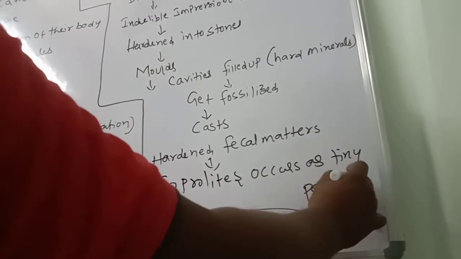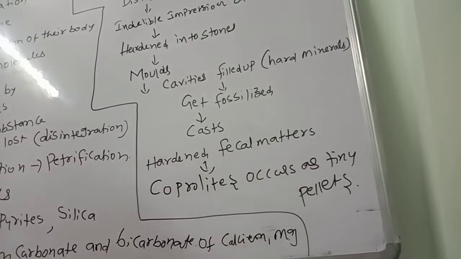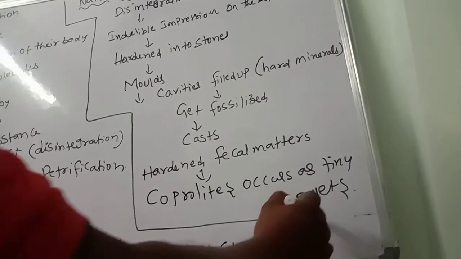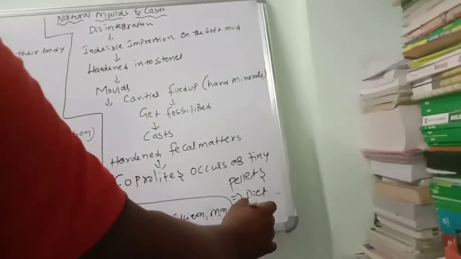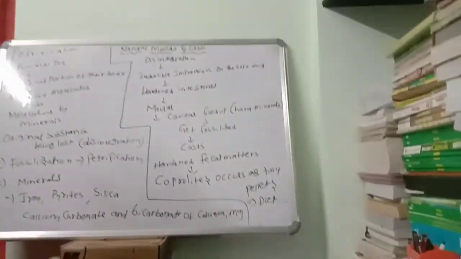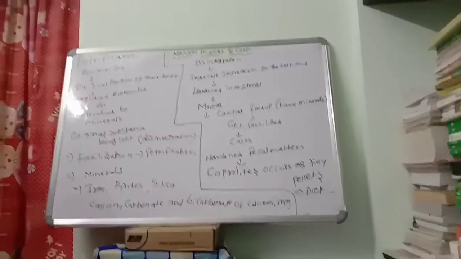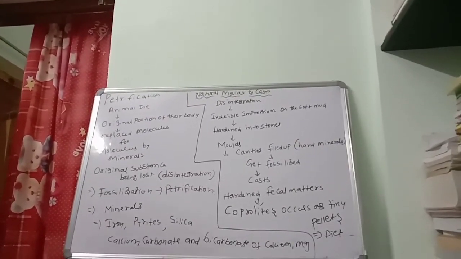These are also helpful to understand the diet of those animals, what kind of animals they were, and whether they were herbivores or carnivores.